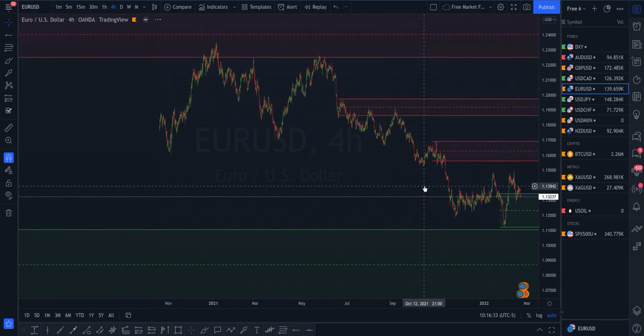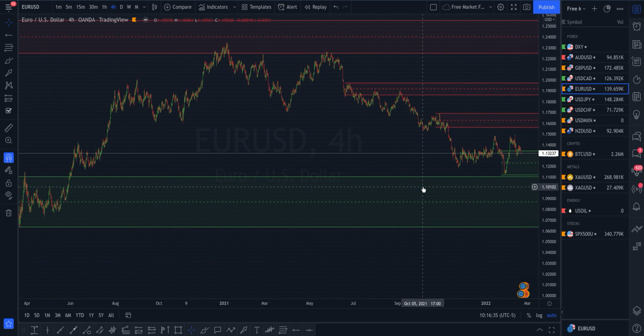Euro USD. Institutional bias is consolidation. Okay, we can already see that it had been consolidating for a little while. The most recent leg is a downtrend. Let's grab this. So take this off.